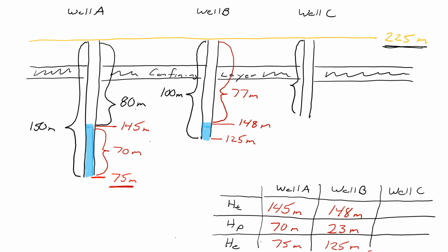Okay, finally, let's go to the last one. How far down did the driller drill? 75 meters. So if it's 225 meters at the top and you drill down 75, you should get 150 meters above sea level for the base of your well. How far down from the surface is the water level? 60 meters.